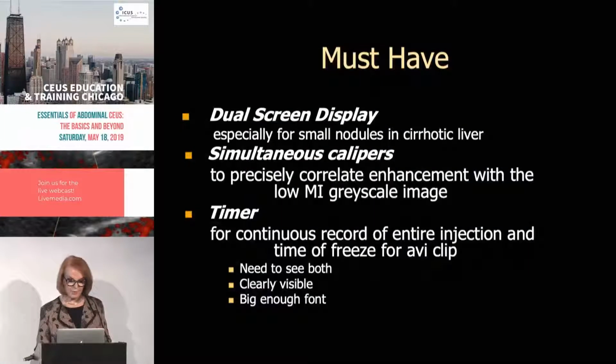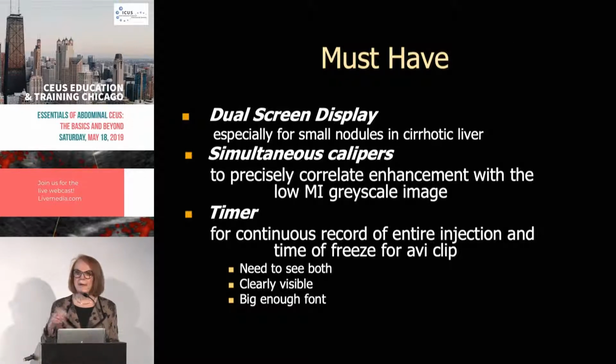Now, when we're doing these scans, as Richard mentioned, we really absolutely must have dual screen display available to us. And this is important, most important, when we're looking at small nodules in a cirrhotic liver. Simultaneous ability to put calipers or markers on both screens is essential.